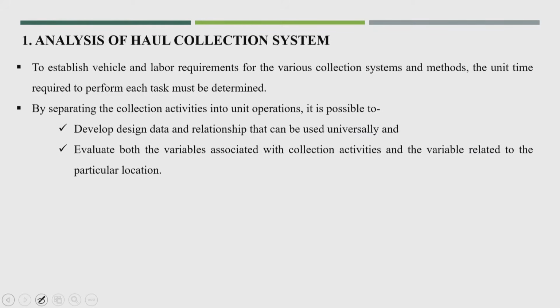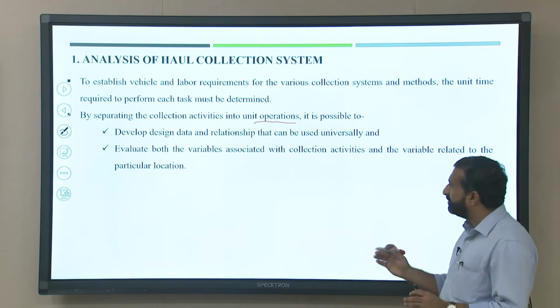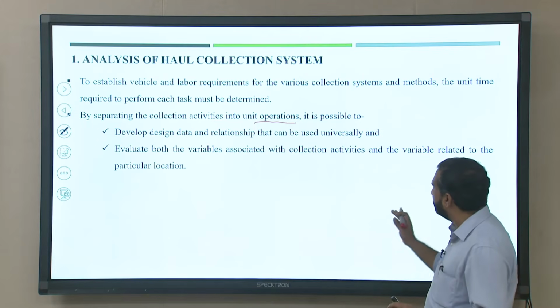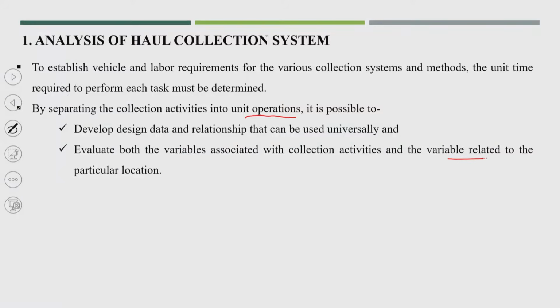By separating the collection activity into unit operations, it is possible to develop design data relationships between the different unit operations. Universally we can also compare and evaluate the variables associated with the collection activity and their relation to a particular location.